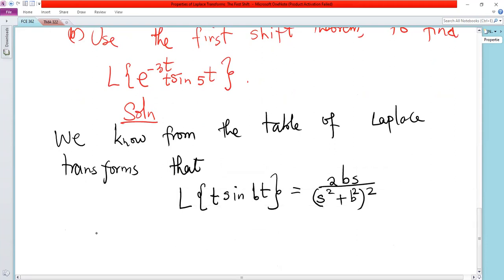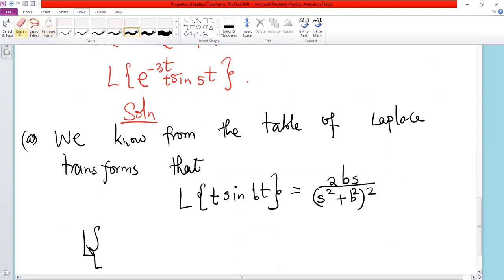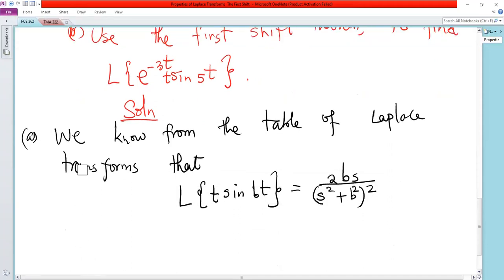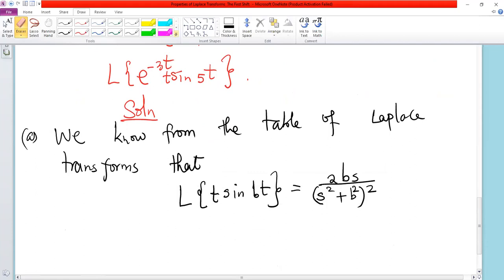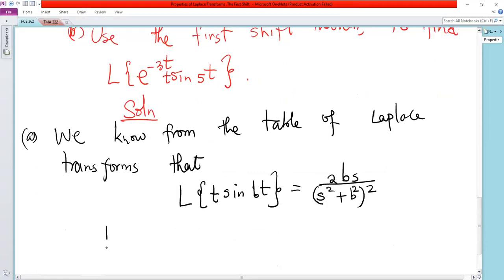So in our case, this is the solution to part A: the Laplace transform of t sine of 5t. That's what we have to evaluate.